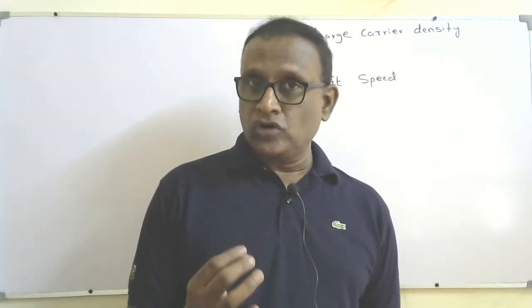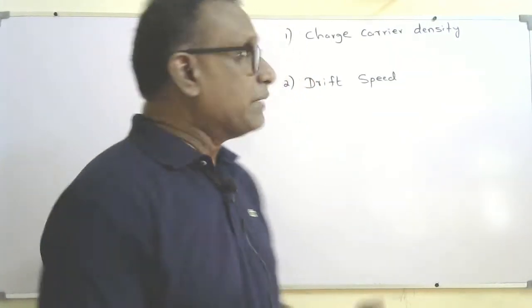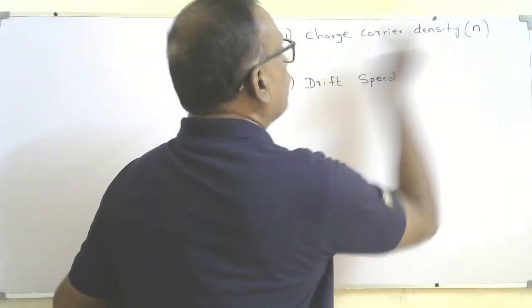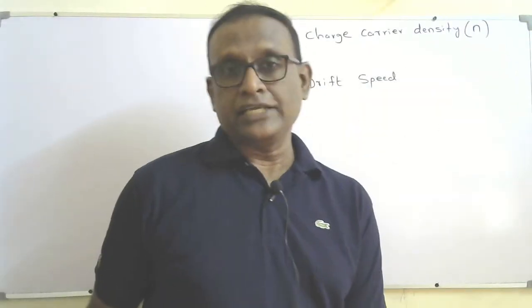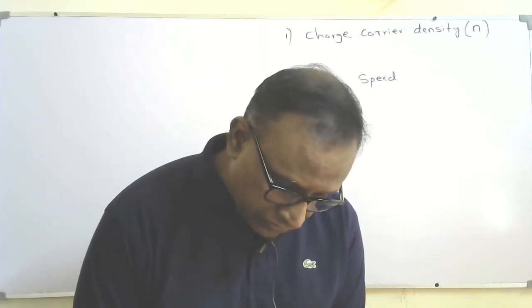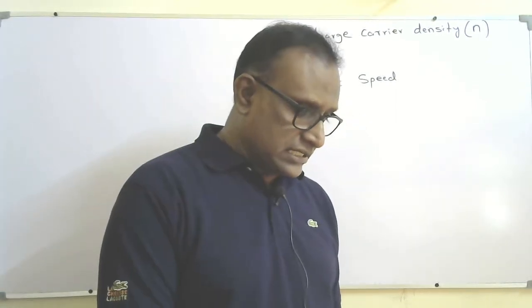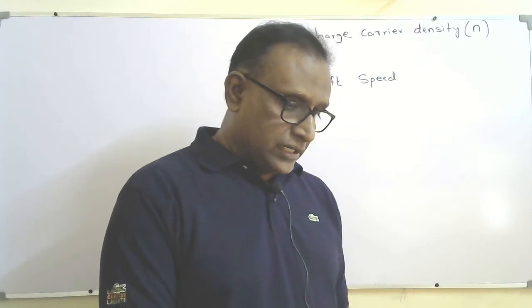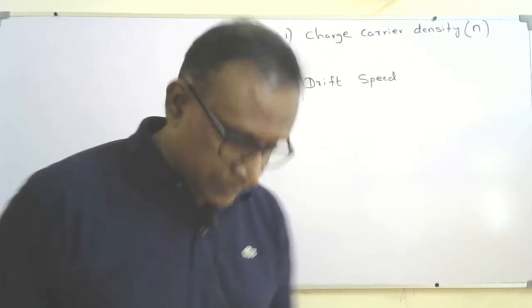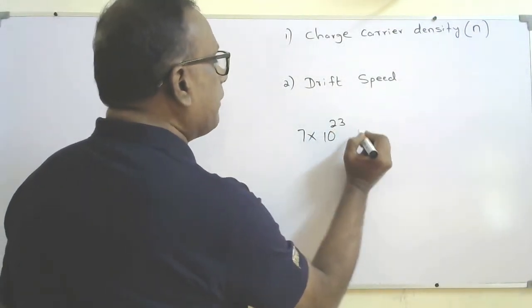Okay, so charge carrier density means the number of delocalized electrons or free electrons per unit volume. That unit volume must be considered in meter cube. So number of free electrons per meter cube is defined as charge carrier density, and it's normally denoted by symbol N. So the unit of charge carrier density is per meter cube. Say for example, for a semiconductor, we can say that is around 7 into 10 to the power 23 per meter cube.